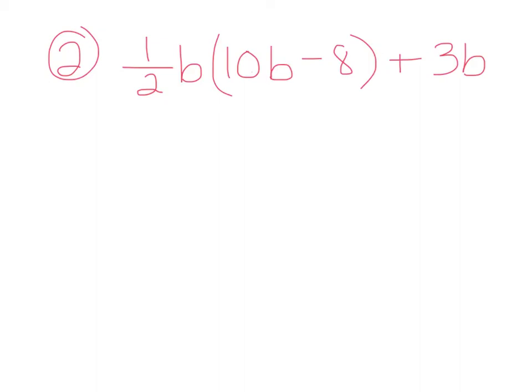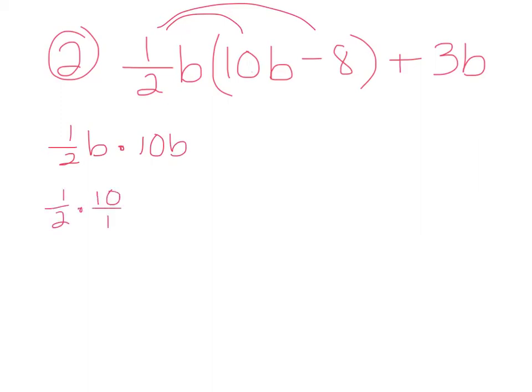All right, next one: we have 1/2 b, and then parentheses, 10b minus 8 plus 3b. When we see parentheses, remember we want to distribute to the things inside. So we take 1/2 b times 10b. Multiplying by a half is the same as taking a half of 10, so it's just 5.